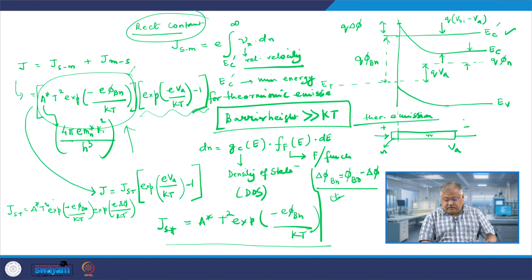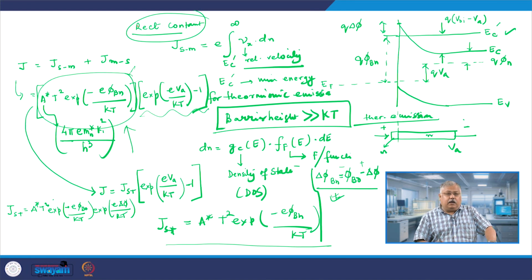So, minus of minus becomes plus, and as a result you get this expression of JST. JST is basically the reverse saturation current component which you get when you are joining n type and p type material together.